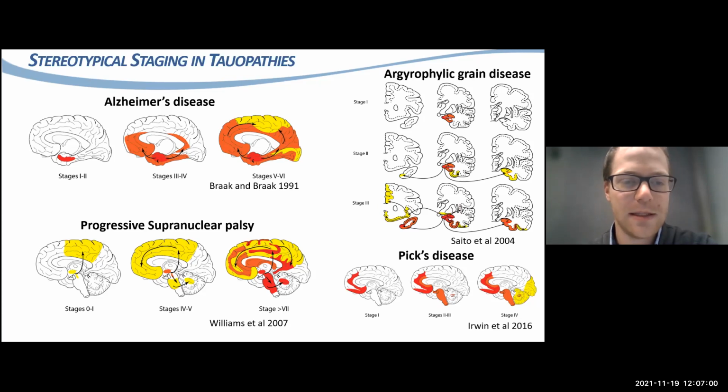This kind of staging of tau pathology has been shown in at least 3 other pathologies, where the stagings were different, so they didn't progress the same way, but you could still see this stereotypical progression from connected regions to other connected regions. That's the case, for instance, in the well-known progressive supranuclear palsy, argyrophilic grain disease, or Pick's disease.